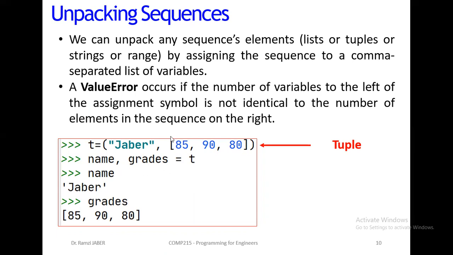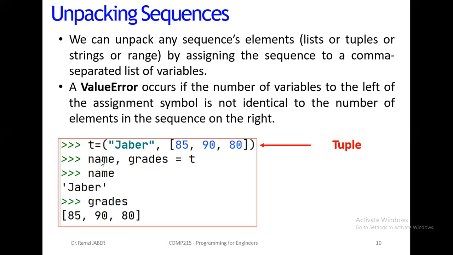Again, if you have a tuple or sequence or string, but here we have a condition. The number of variables in the left side must be equal to the number of elements in the right side, else it will give us an error.